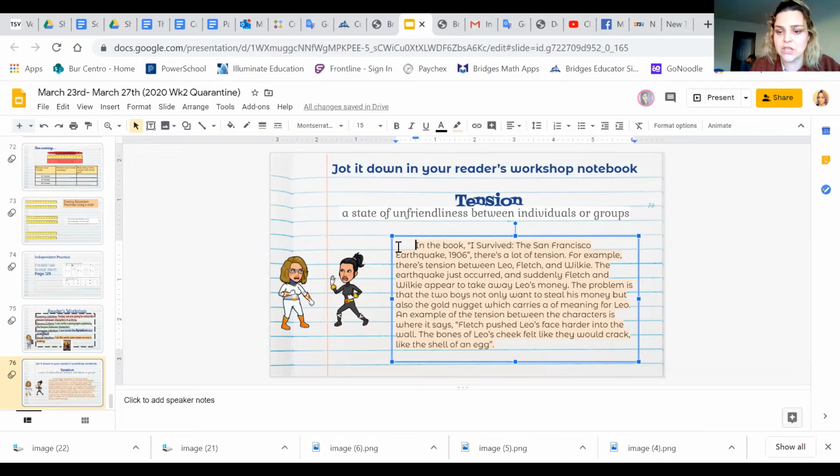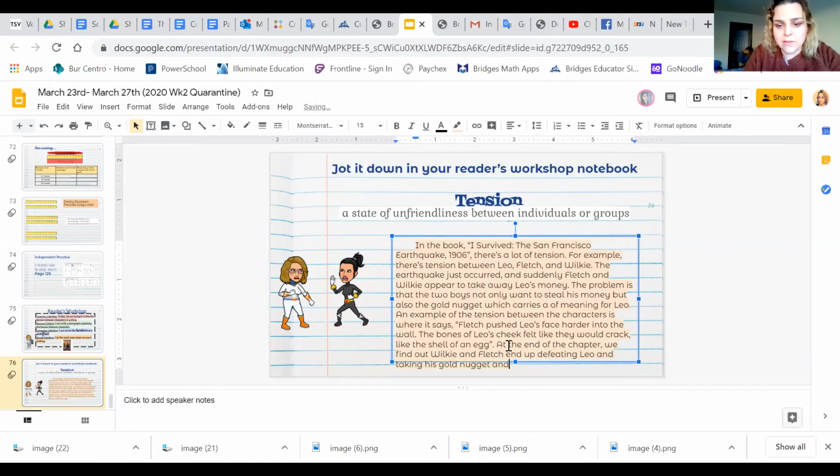The bones of Leo's cheek felt like they would crack, like the shell of an egg. At the end of the chapter, we find out Wilkie and Fletch end up defeating Leo and taking his gold nugget, and he feels upset.